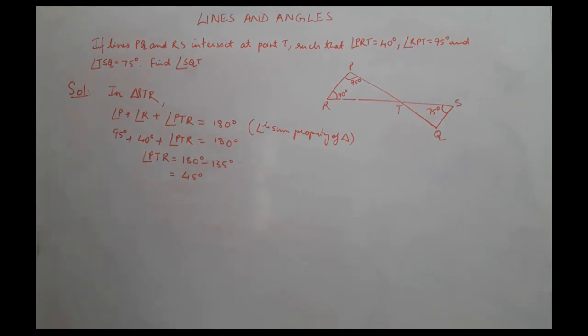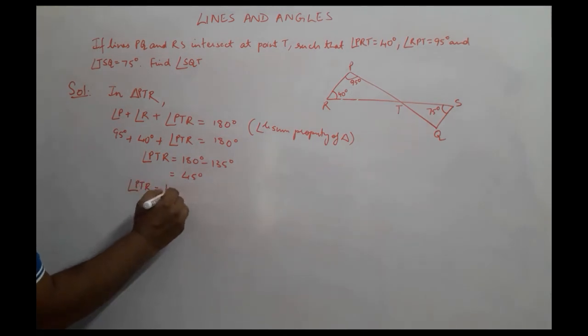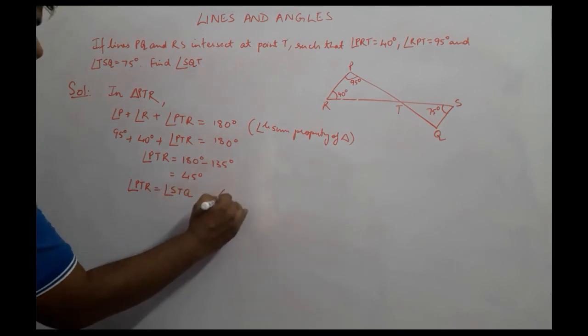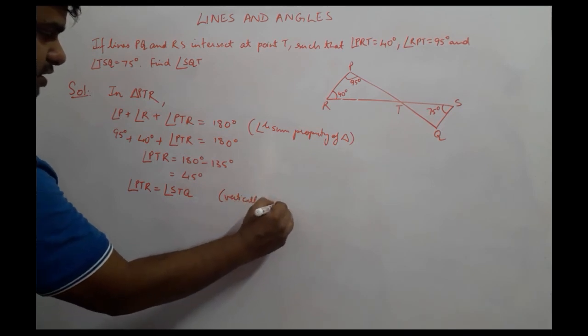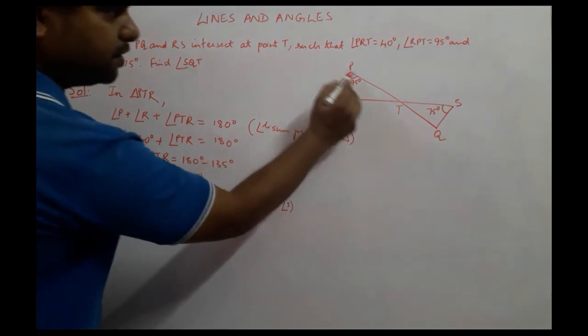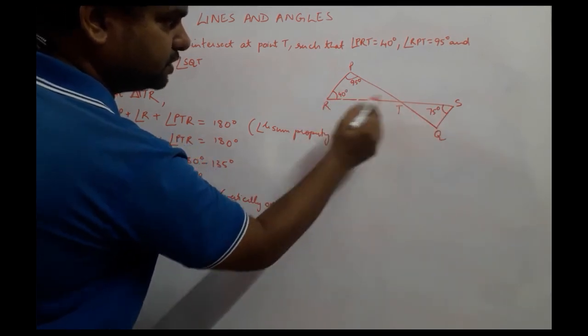Now we can say angle PTR is equal to angle STQ. Why? Because they are vertically opposite angles. PTR and STQ, these are opposite V's. See?